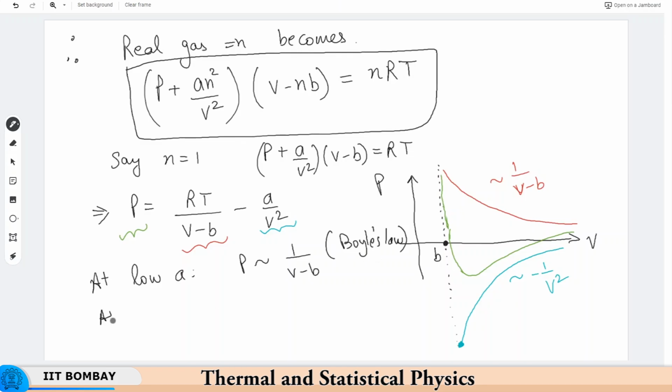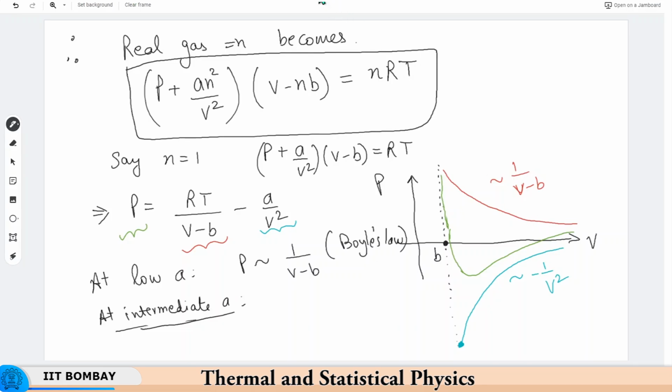But at intermediate a, when there are large attractive forces between these gas molecules, the contribution from this term will start to creep in, and this curve will start deviating from the inverse V form.